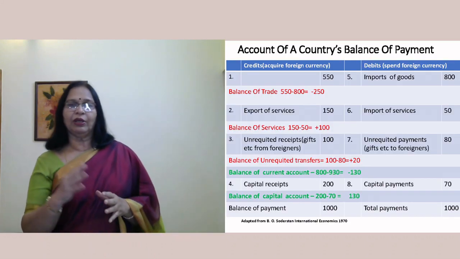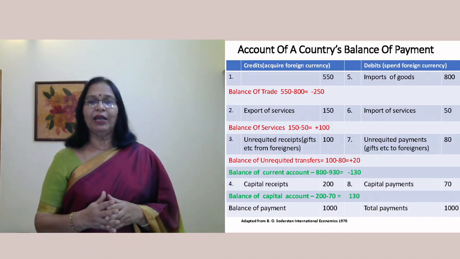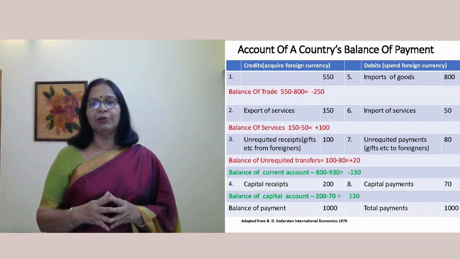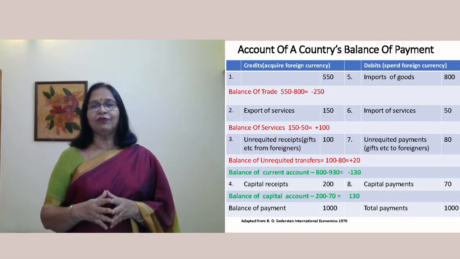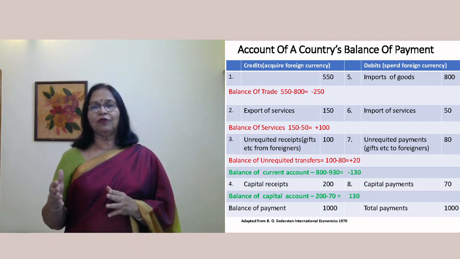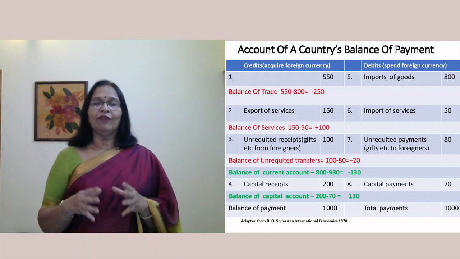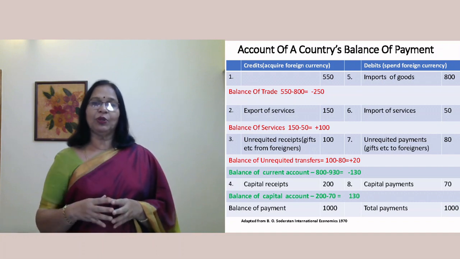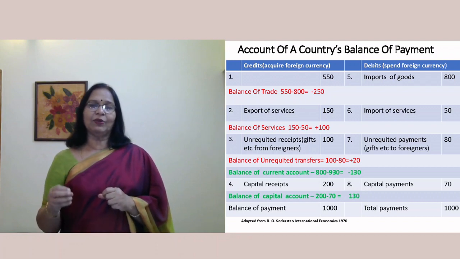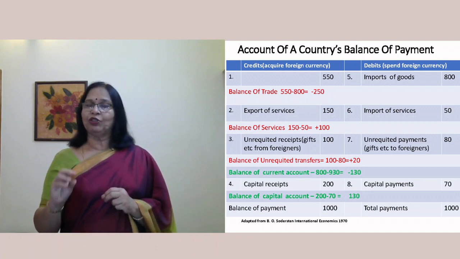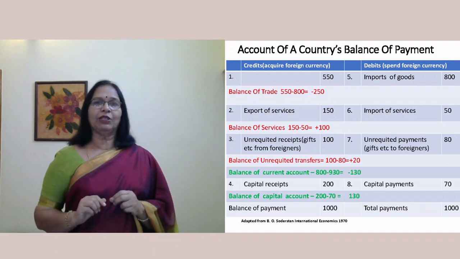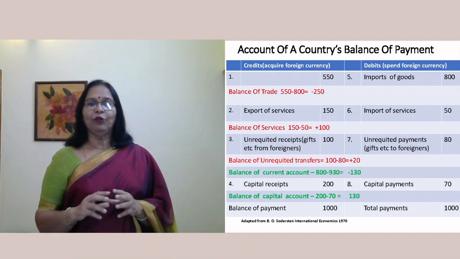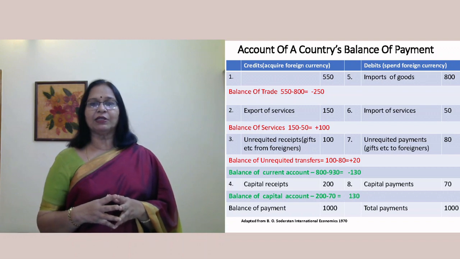But now in reality we can see the numbers that we had. The first one is the visible items, exports 550, and the import of goods was 800. So we have a balance of trade deficit here. You can see the balance of trade is 550 minus 800, which is equal to minus 250. Then you have the balance of services account.